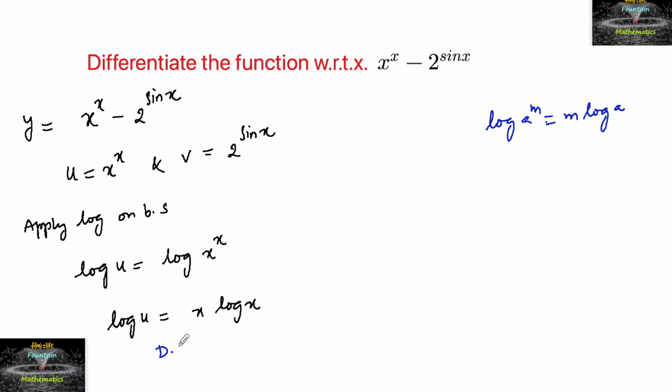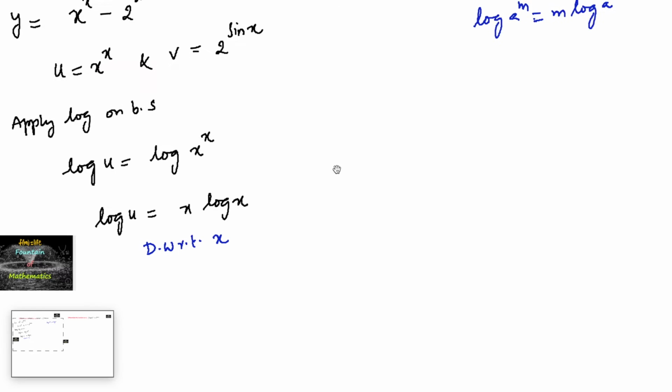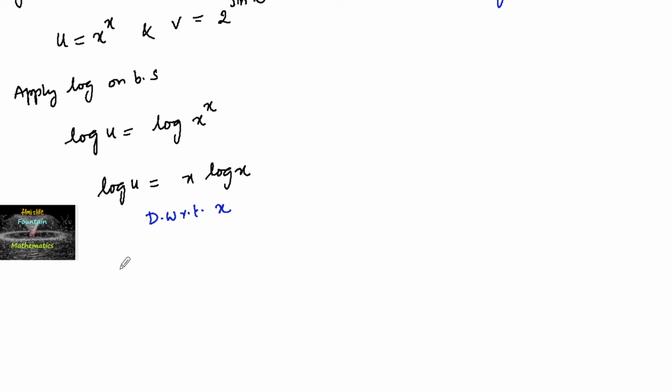Now differentiating with respect to x, we can write 1 upon u du by dx is equal to x into the differentiation of log x, which is 1 upon x, plus log x into the differentiation of x, which is 1.